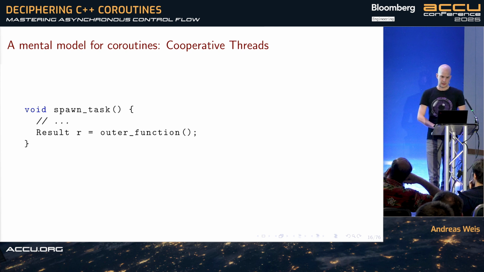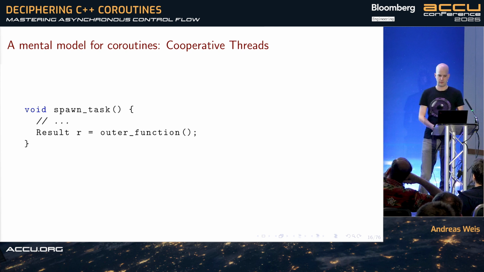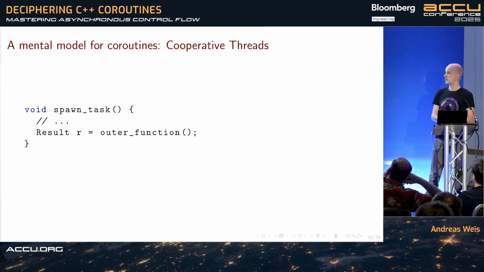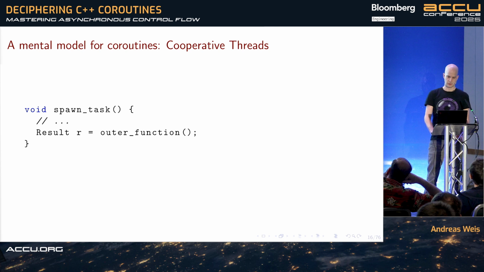All right, let's start by building a mental model for what we're doing here. An easy intuition to start with for coroutines is thinking about cooperative threads. So let's take a really abstract example, right? We want to compute some complex task.